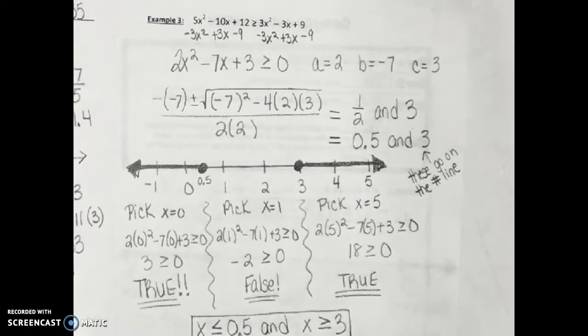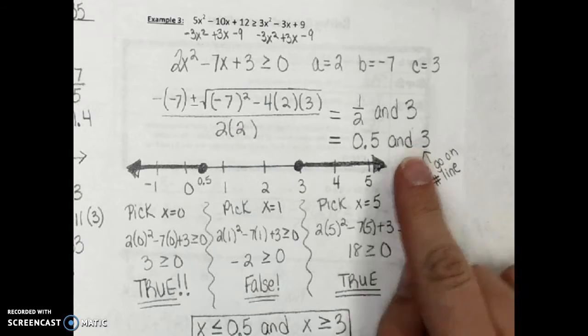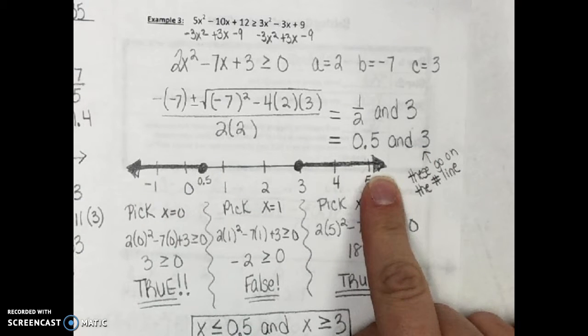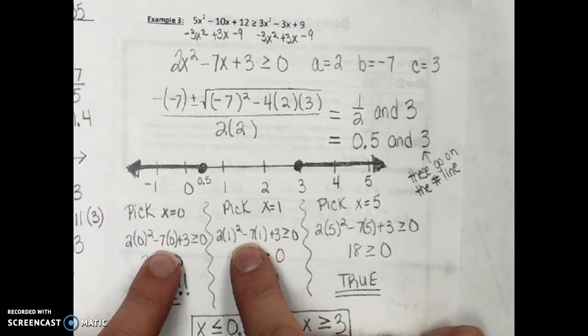Alright, so I have just a few more seconds left in my video, and what you see here is the completed example 3. I want you to notice something really quick. So I did my quadratic formula. These numbers go on the number line. I picked my numbers 0, 1, 5 based on the fact that they were left, middle, and right. But when I plugged in, I did not plug into the original.